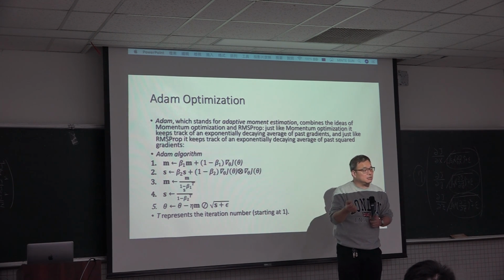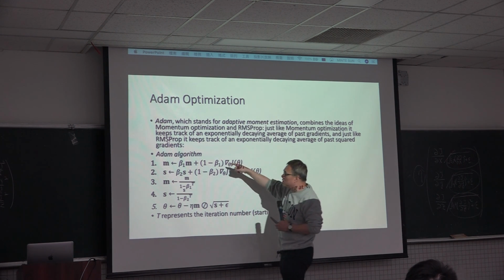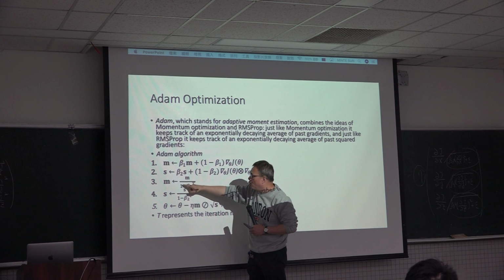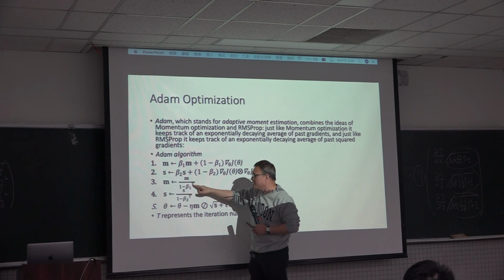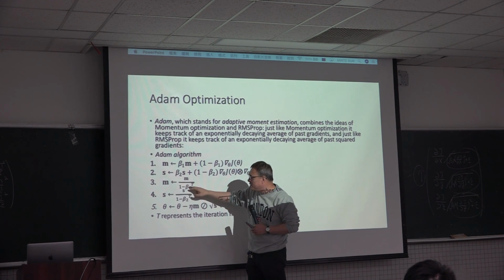Then 1 minus 0.9 to the power of 1 is still 0.1.